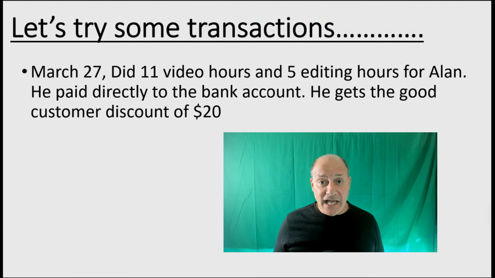Try some transactions. So let's imagine it's March 27th and we did 11 video hours and 5 editing hours for Alan. Let's imagine he paid us by putting the money directly into the bank account, and he is entitled to $20 good customer discount.